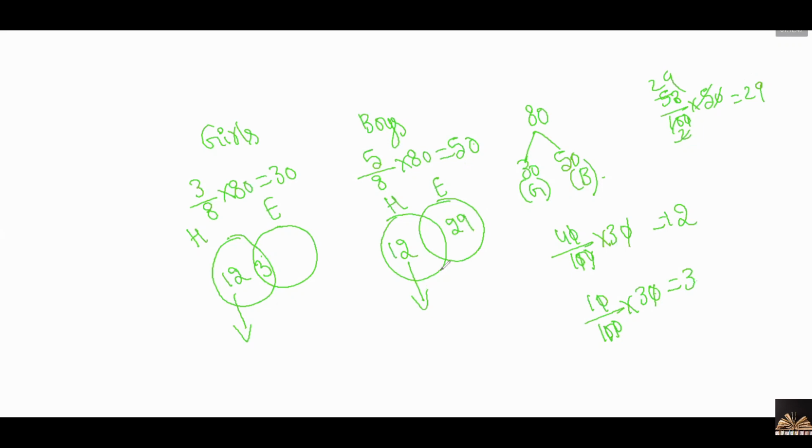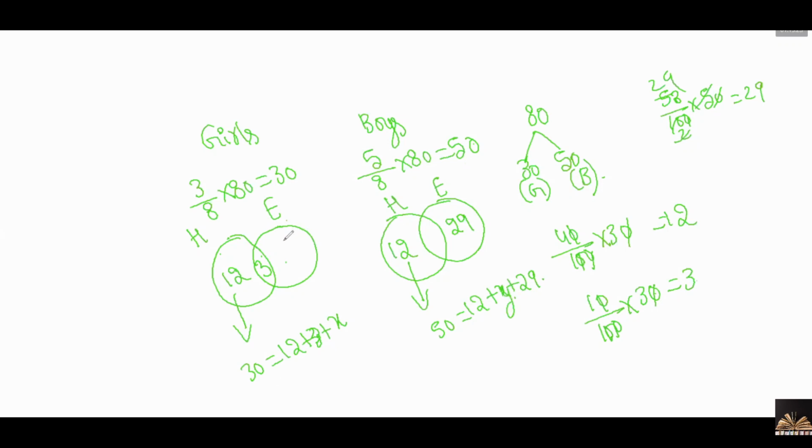Is it clear? Now you can find the girls who speak only English and the boys who speak both the languages, right? How can you calculate that? To know this value, you know that the total number of girls is 30. They can speak Hindi or English or both, right? So 30 is equal to 12 plus 3 plus unknown. This is not known. Similarly here, 50 is equal to 12 plus x plus 29, or you can take y.